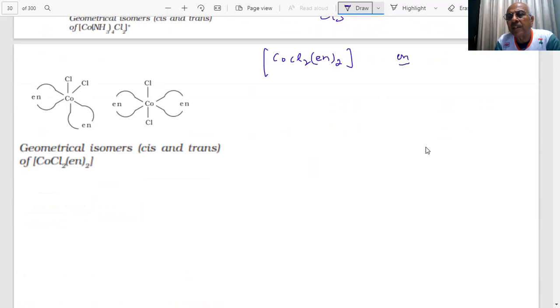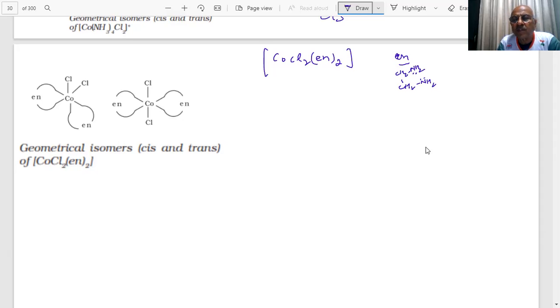En, you already know, ethylene diamine, the formula we have told you so many times: CH2-CH2 with NH2 on each end. This is a bidentate ligand. The two nitrogens will act as a ligand and will form a ring around the central metal.